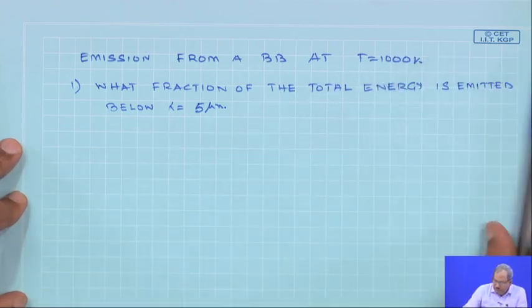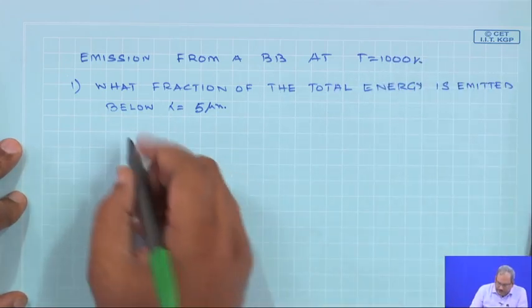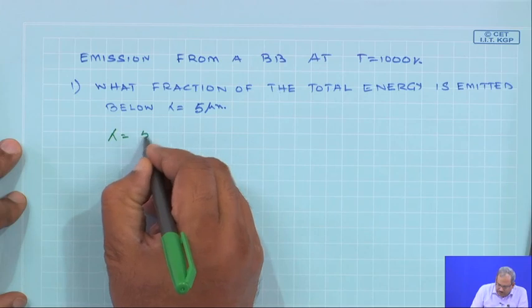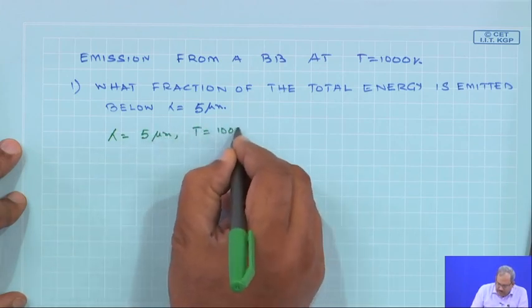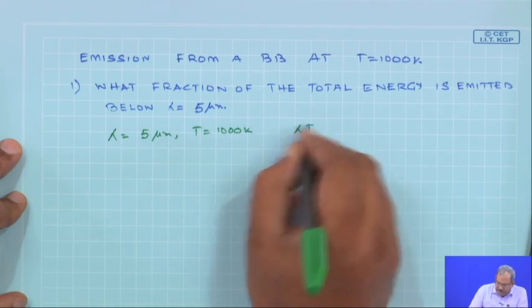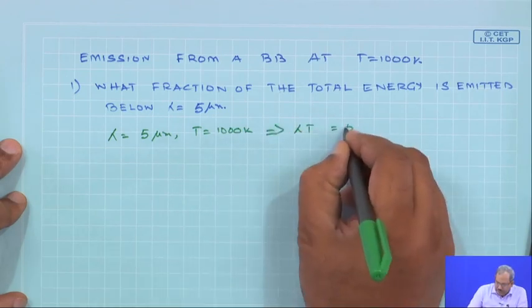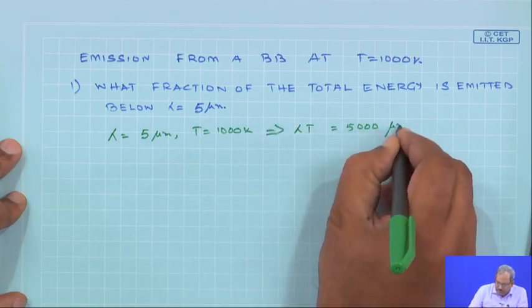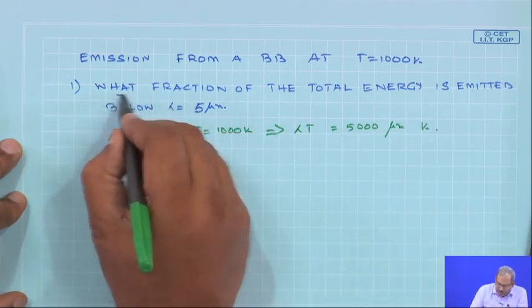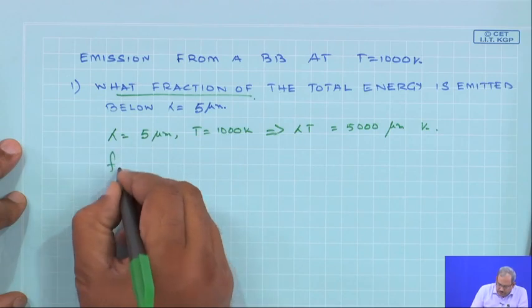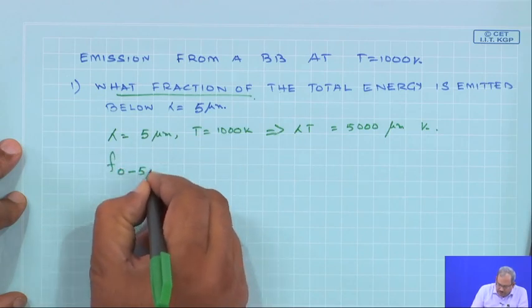So, what we need to do then is my lambda is 5 micron, T is 1000 Kelvin. So, lambda T is 5000 micron times Kelvin. So, when it says fraction, I would like to find out 0 to 5 micron.